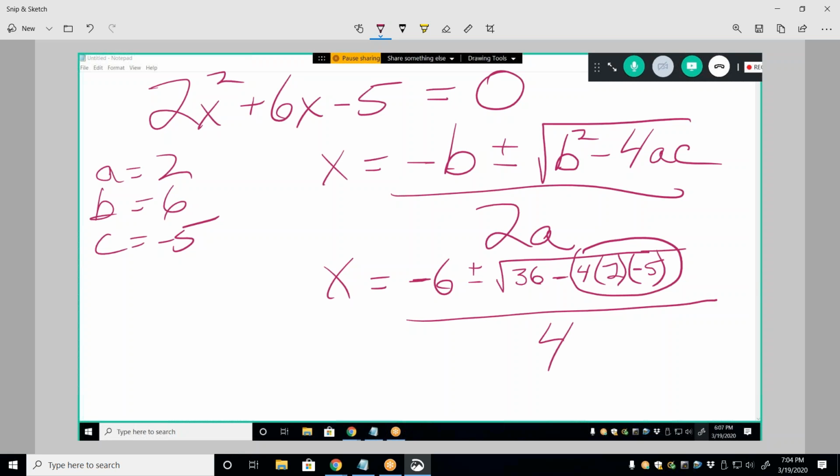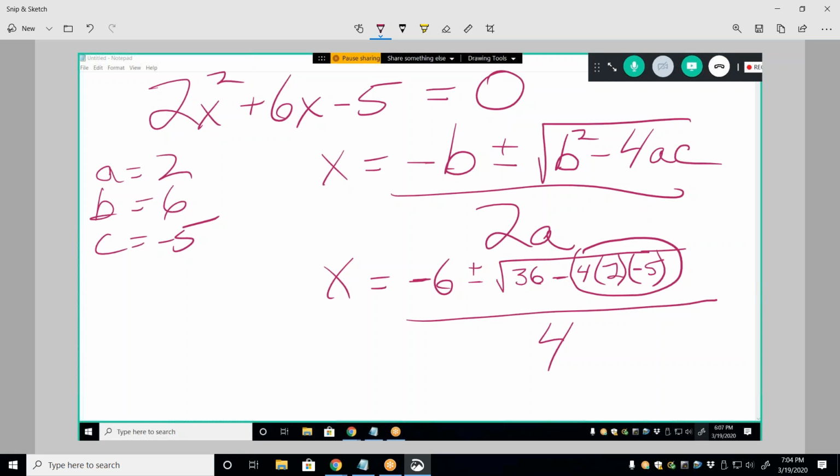What is 4AC equal to? It's 40. 4 times 2 times 5 is 40. Negative 40.